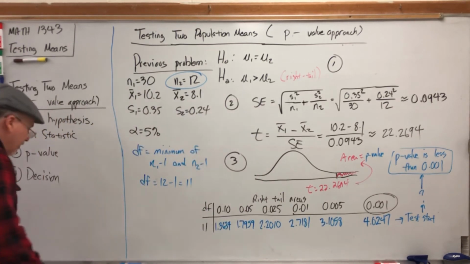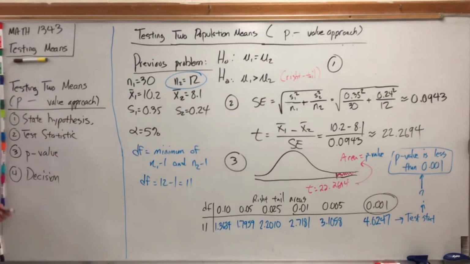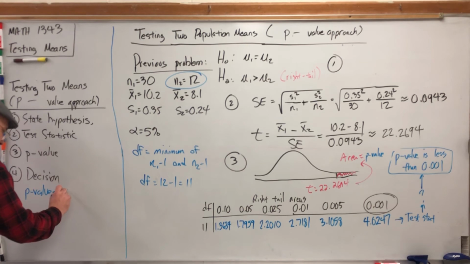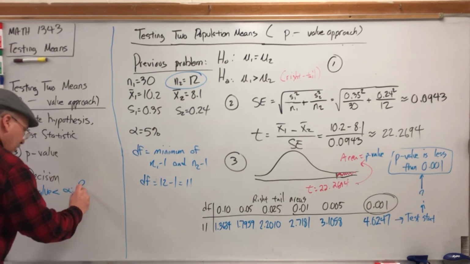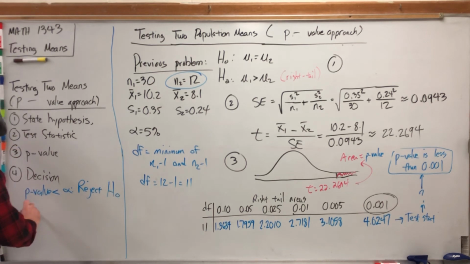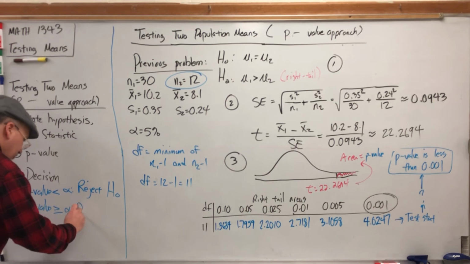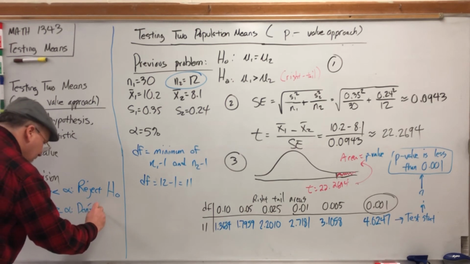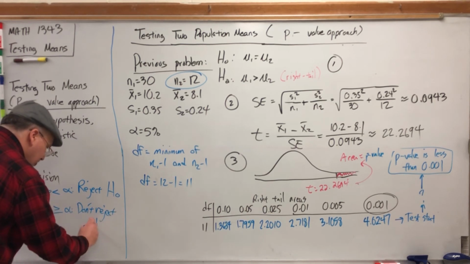Well, recall that when you make your decision in the p-value approach, if your p-value is less than your significance level alpha, you reject the null hypothesis. And if your p-value is greater than or equal to the significance level, you don't reject the null hypothesis.